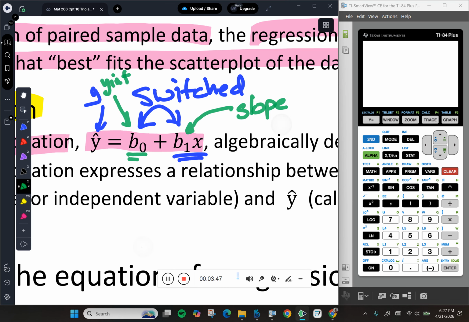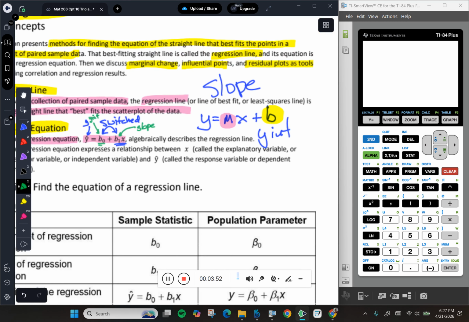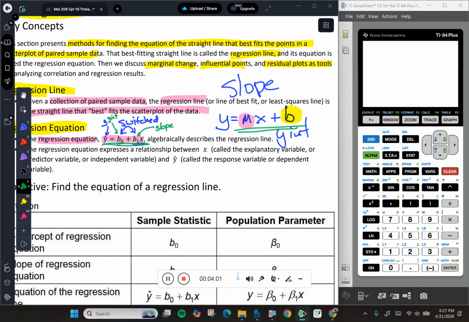But I do know that for whatever reason, math writes it like this, but stats writes it like that, where we have, instead of a y, we have a y hat, a predicted value, a response variable, and we have a b sub 0 for our vertical intercept, our y-intercept. We have a b sub 1 for our slope, and then we have an x, not with a hat on it, but just a plain old x.